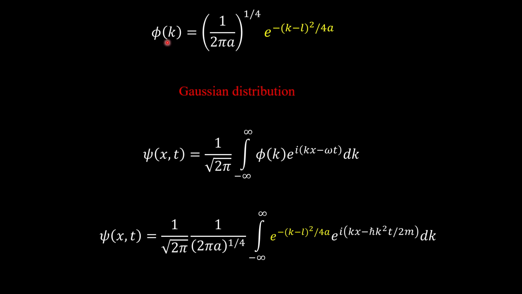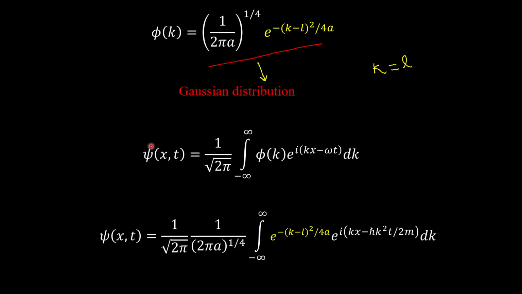So we got psi of k is equal to 1 over 2 pi a whole power 1 over 4 e power minus k minus L whole squared over 4a. This is called a Gaussian distribution, centered at k equal to L.